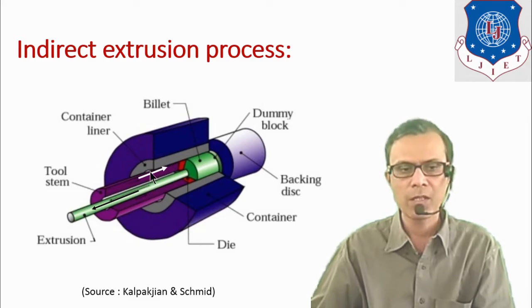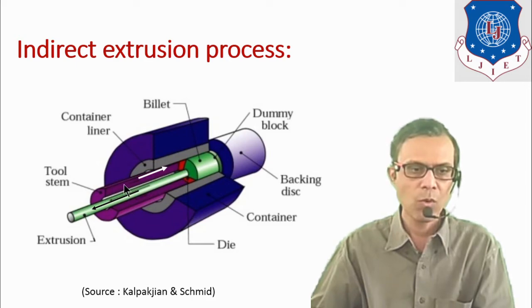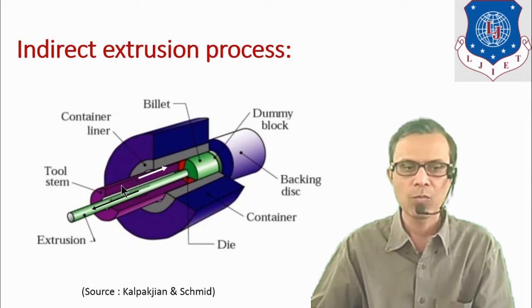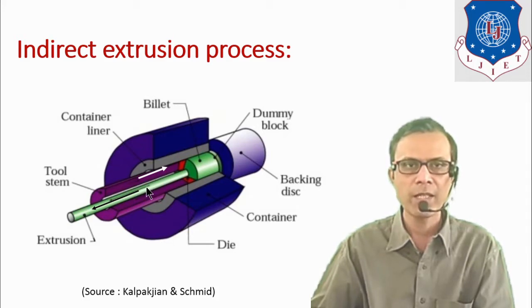Movement of the plunger and the movement of the extruded part are both shown by arrows. Movement of the plunger is shown by this white arrow. It is moving in this direction. From the diagram you can see how it is moving, and as it is hollow, when it applies the pressure or force on this billet, the billet will come out through this die opening.